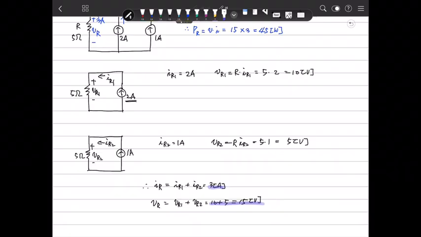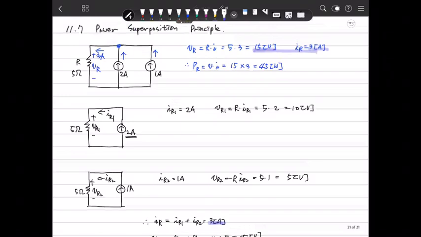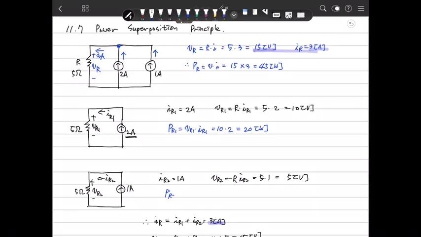But the problem is the power. When you calculate the power in these superpositions, then how about the power here? PR1 is VR1 and IR1. There, 10 and 2 is 20 watt. How about PR2? It is VR2, IR2, 5 and 1 is 5 watt.